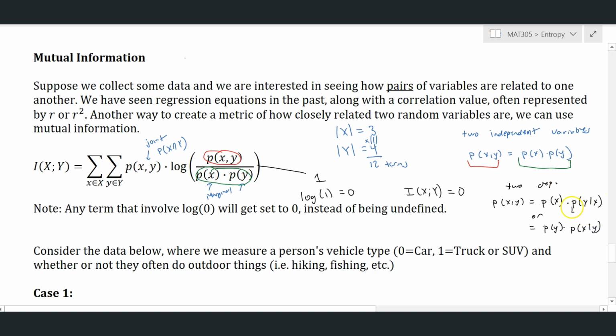Notice that the second probability may not match the probability under the fraction here, so they're not necessarily going to cancel out to give us 1 and then a log of 0. They'll be a value bigger than 0. By the way, for any term where you get a log of 0, we're going to set the result equal to 0 instead of leaving it undefined.